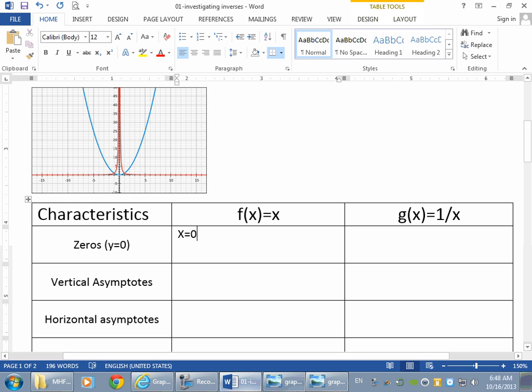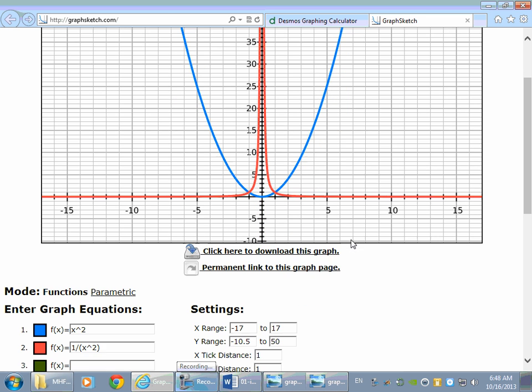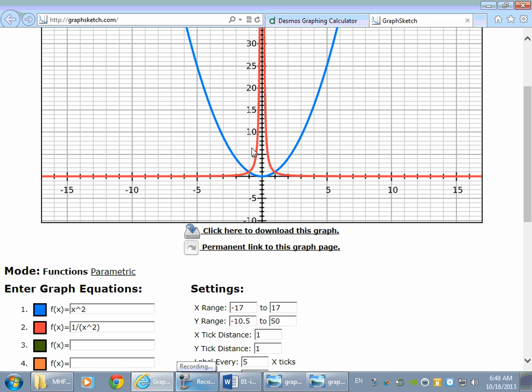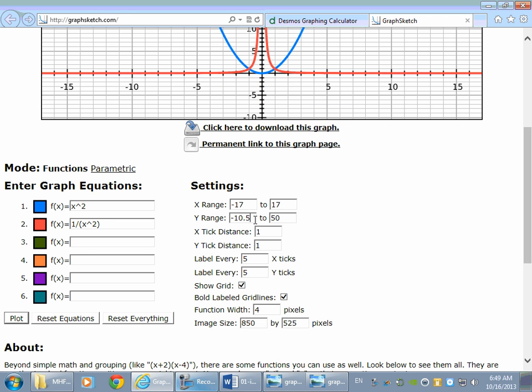Well, it's kind of hard to tell, but when I look here, and if I did want to zoom in, these red lines are approaching 0, but never actually crossing 0. Okay, so I don't know how nicely it's going to work if I try to do this. Let's give it a shot.